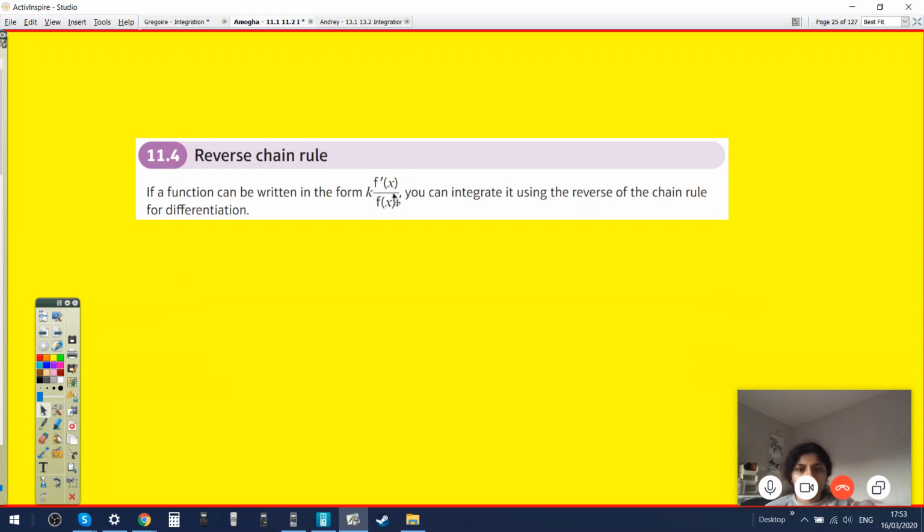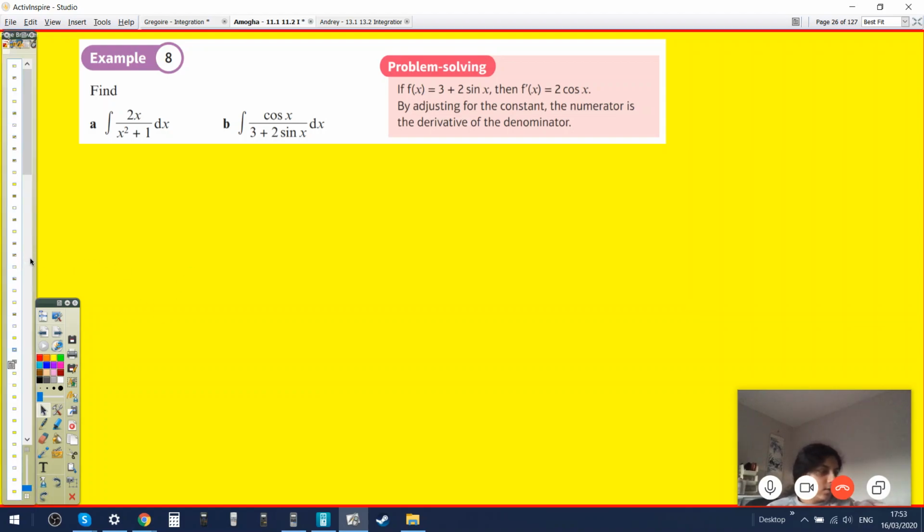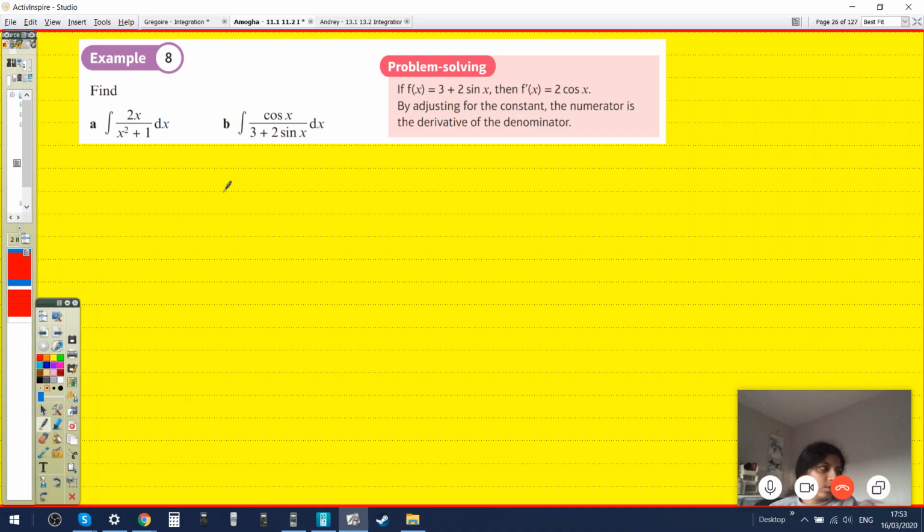If the top is the derivative of the bottom, then you can just do it. The derivative of 3 plus 2 sine x, well, the 3 would just go. And then how do we differentiate 2 sine x? That would just be 2 cos x. But you only have cos x on the top.